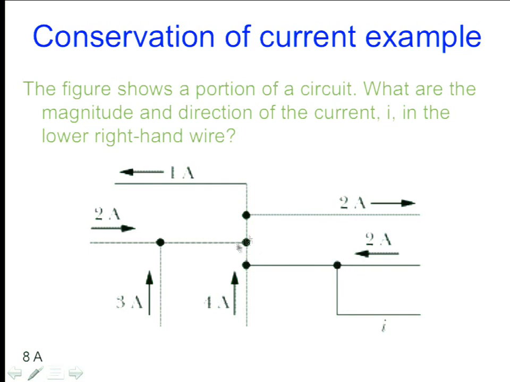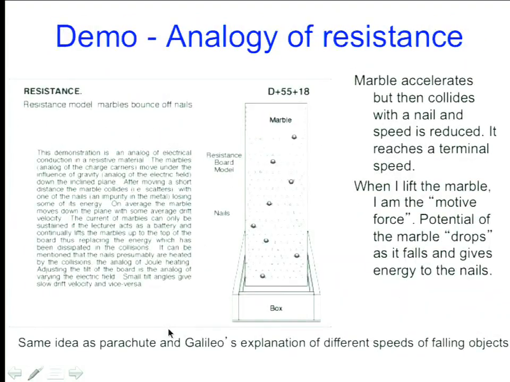It'd be 5. Then 5 has to split. You have 1 here, so you have to come back. So it was 3 out of here, which means there must have been 3 here. And out of 5, 2 must have gone here, which counteracts 2 here. So you've got 2 here, and 2 here. Well, just add them all up, and somehow it has to come out 8 amps. I'm going through it too quickly, but that's the kind of game you have to play.